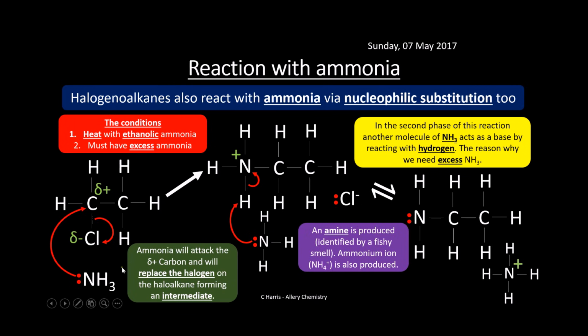So we've got ammonia acting as a nucleophile here, because it's a lone pair donor. And we've also got another molecule of ammonia reacting as a base because it's going for a proton. It's a proton acceptor. Okay, so the overall reaction here, there's your haloalkane plus your ammonia, form your amine plus your ammonium chloride, which is just your salt at the end there.